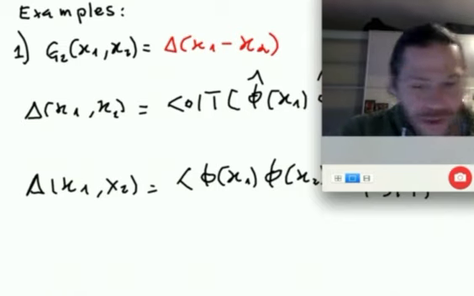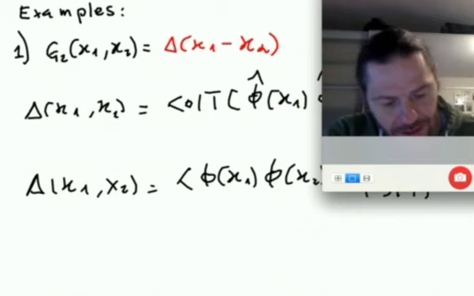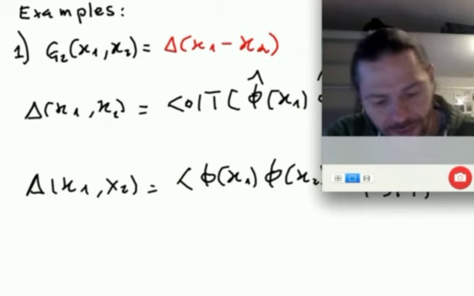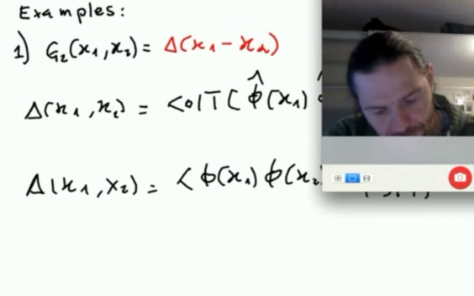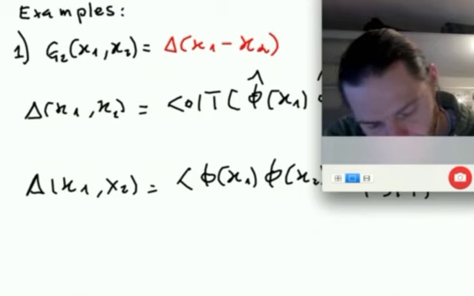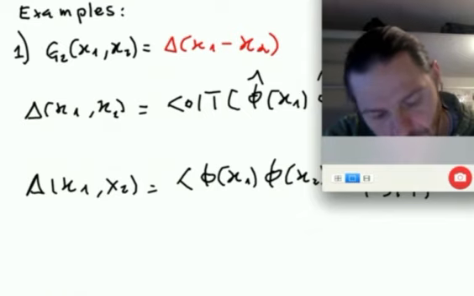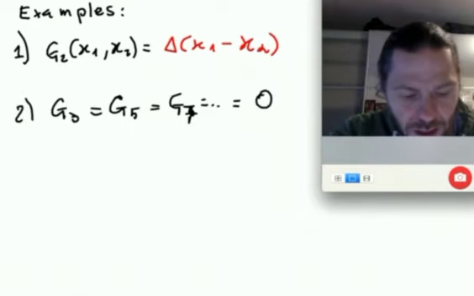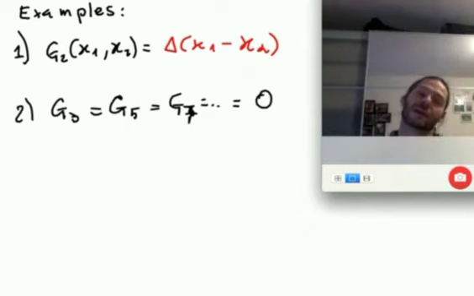So we can generalize this by saying that correlations with any odd number of points are all 0 in a quadratic theory.